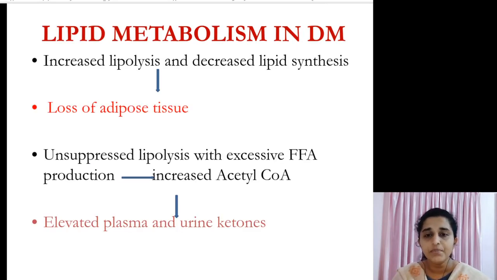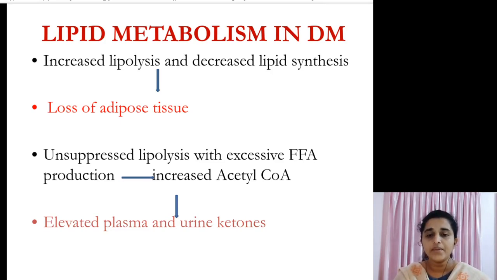Next is lipid metabolism, and insulin has a function: insulin decreases the breakdown of what? Yes, breakdown of lipids. But if there is any deficiency of insulin, that leads to increased breakdown of lipid, and there is loss of adipose tissue.